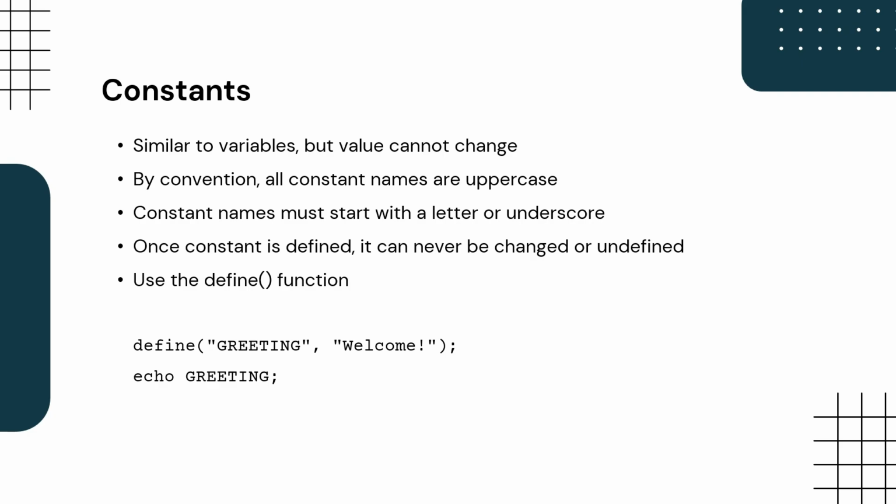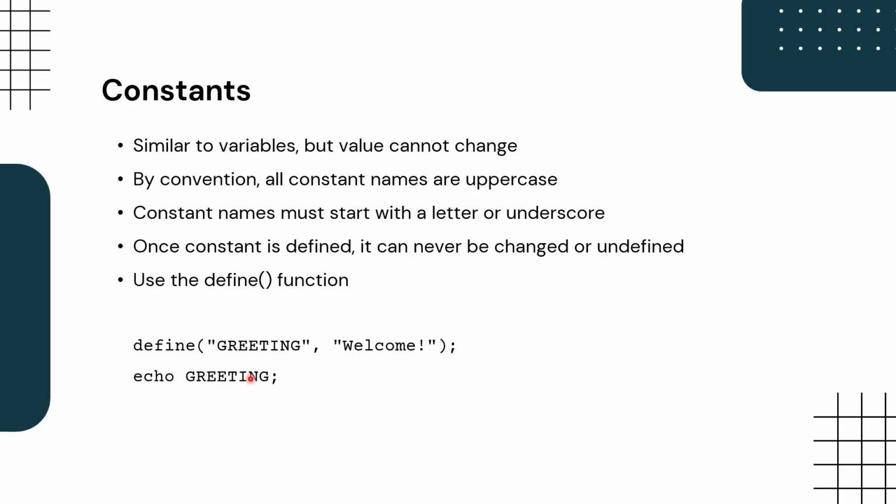Now, constants are similar to variables, except their value can't change. They're defined using the define function. So in this example, we use the define function. This is the actual name of the constant, and then this is the value that's being stored in it.